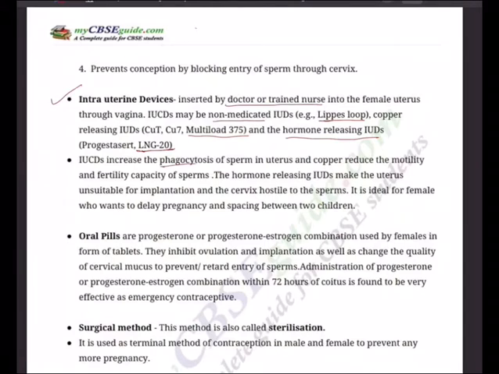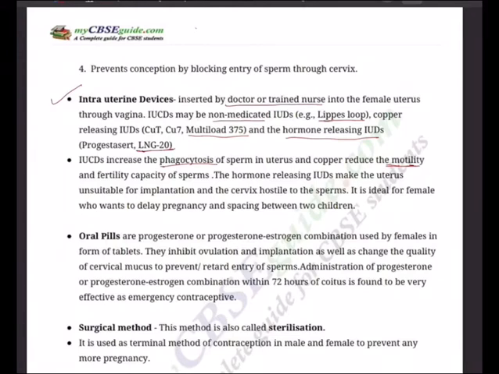IUCDs increase the phagocytosis of the sperms in the uterus, that is killing of the sperms. And copper reduces the motility, speed, and fertilizing capacity of the sperms. That is the function of copper. That's why when copper T, copper 7 and multiload 375 are released, the sperms will be killed.